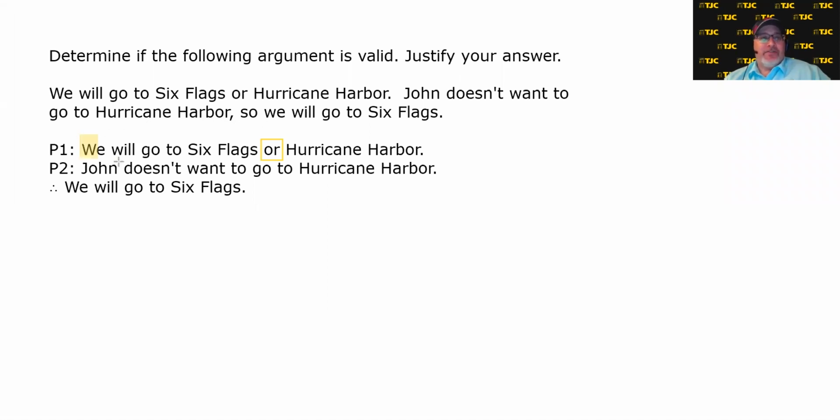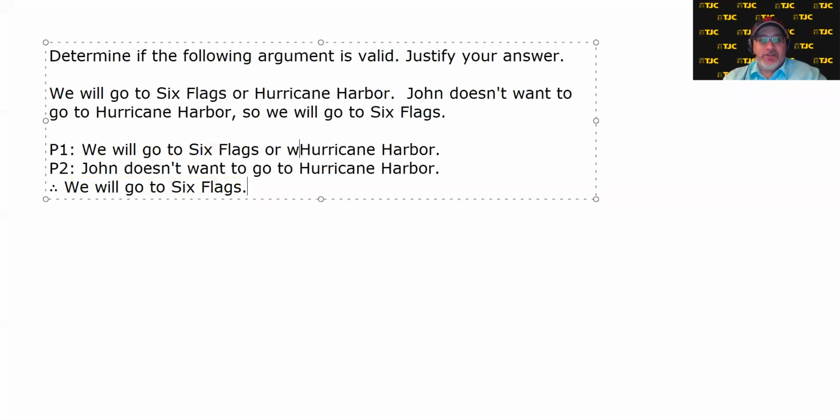The statement on the left is we will go to Six Flags. That is also the conclusion. The statement on the right in the first premise is, well, it's implied, so we'll write its full sentence. We will go to Hurricane Harbor.